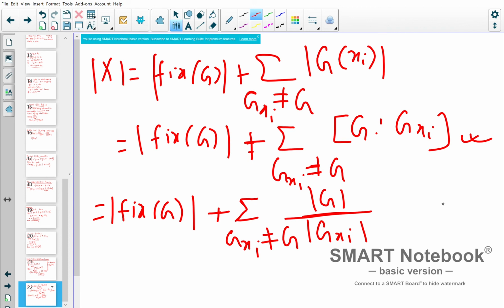Okay, so this is the final result, and this result is called the orbit stabilizer formula.